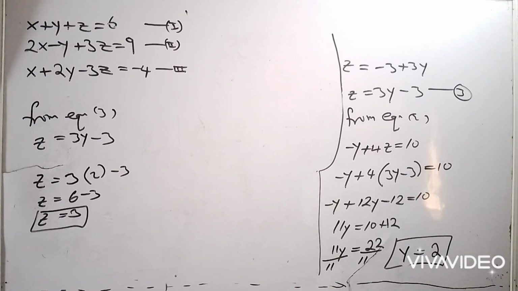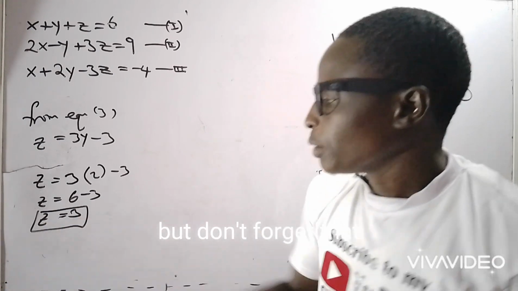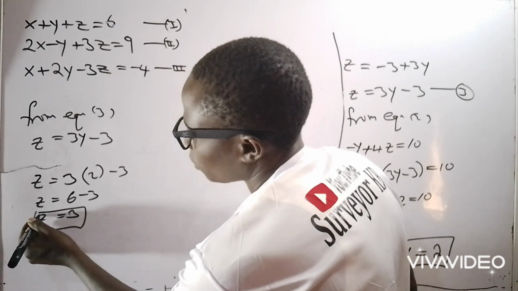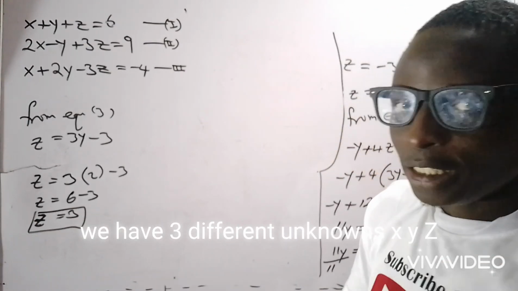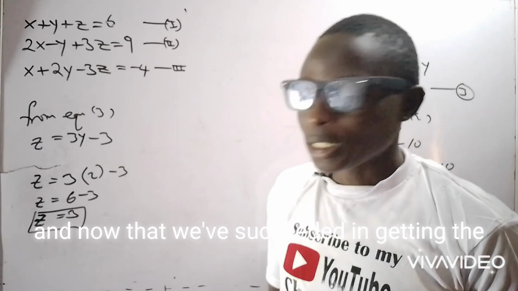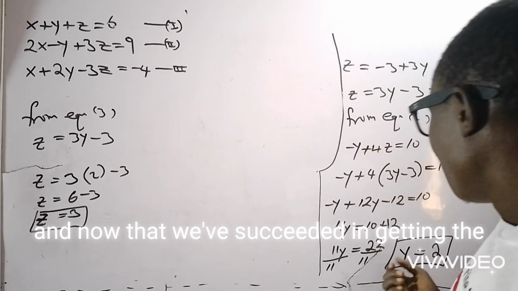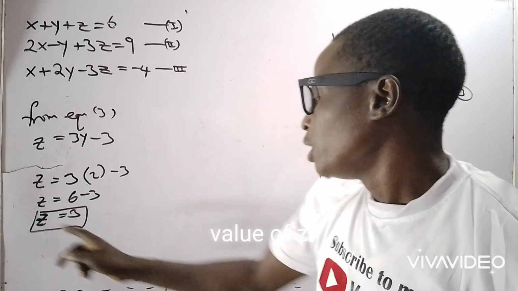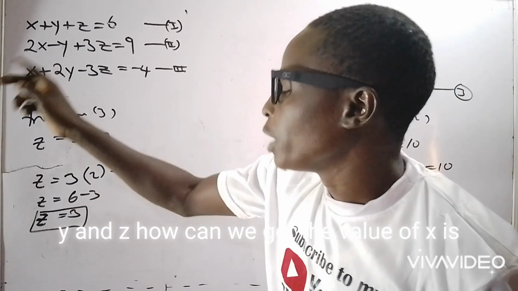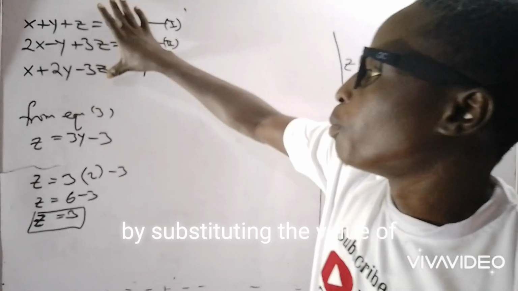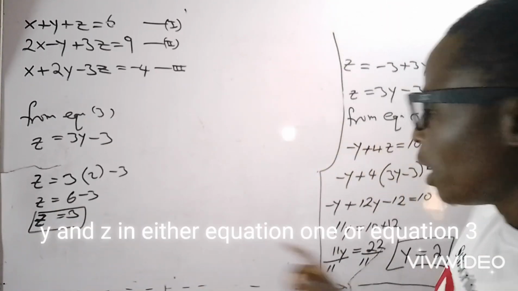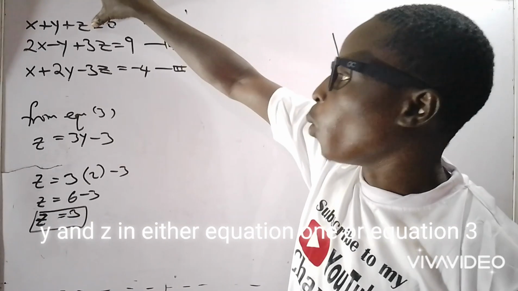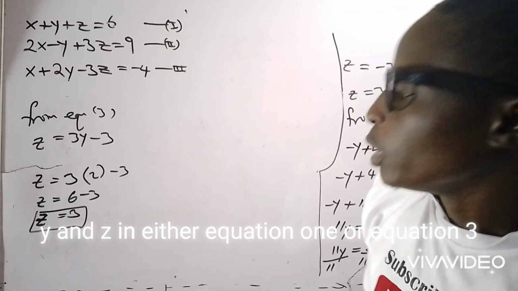But don't forget that we have 3 different unknowns, x, y, z. And now that we've succeeded in getting the values of y and z, how can we get the value of x? By substituting the values of y and z in either equation 1, 2, or 3.